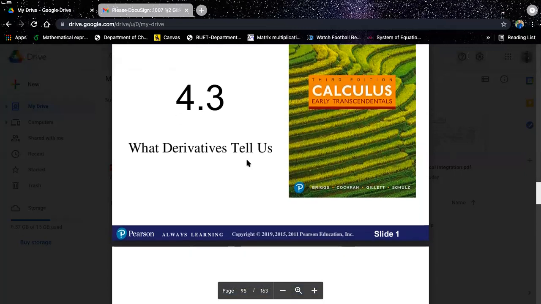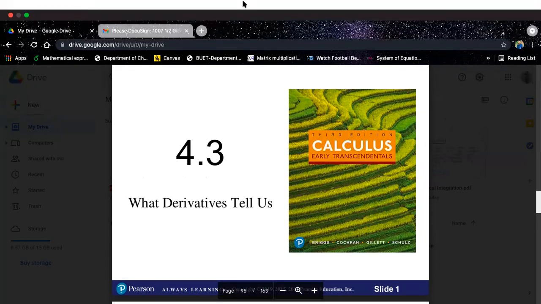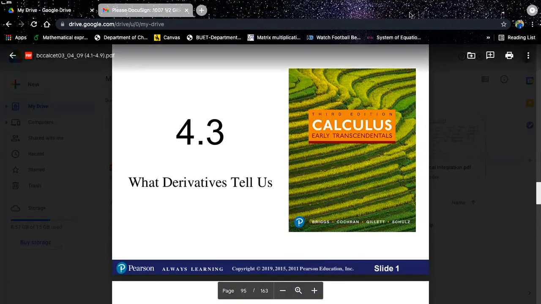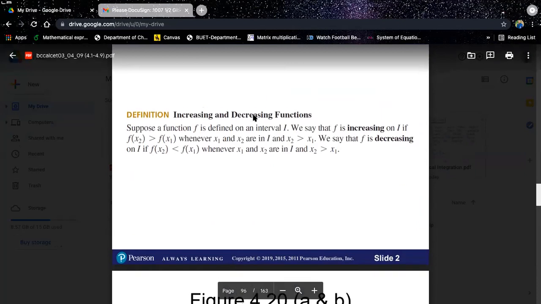So 4.3, what derivatives tell us? Let's see if we can find out what derivatives tell us. First of all, we want to know this definition, which is pretty intuitive. We want to know where the function is increasing and where the function is decreasing.